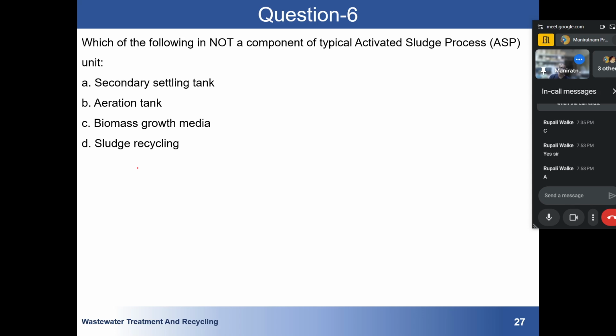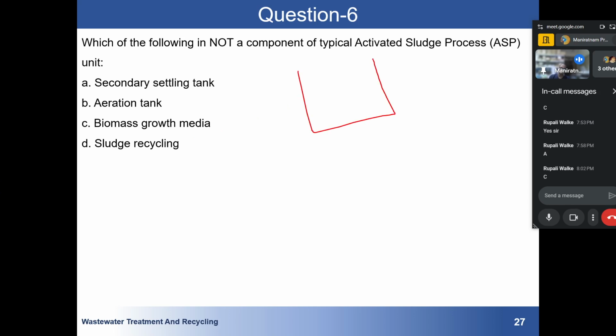Now, what does this activated sludge process do? It breaks down organic matter or reduces BOD, COD, and all these things. It will degrade organic matter which is there in our wastewater, and once degraded, biomass growth will start.